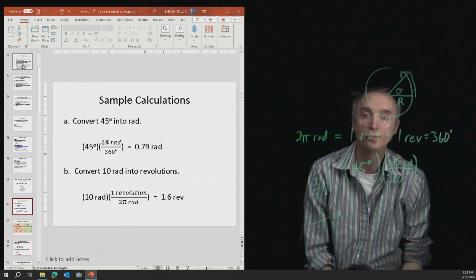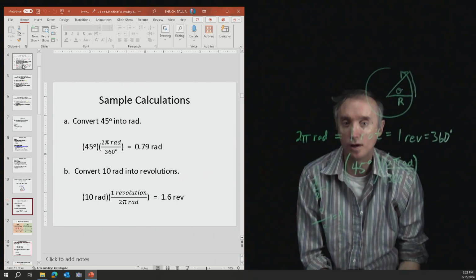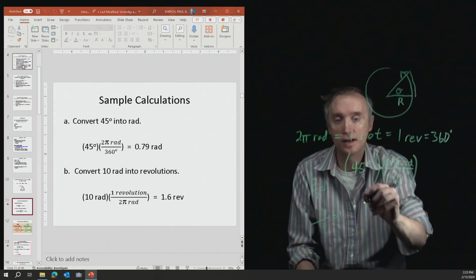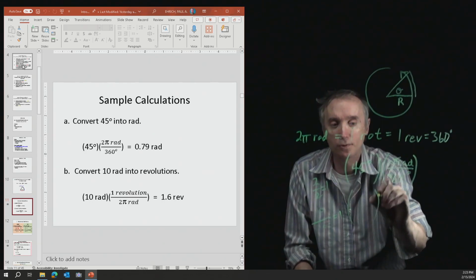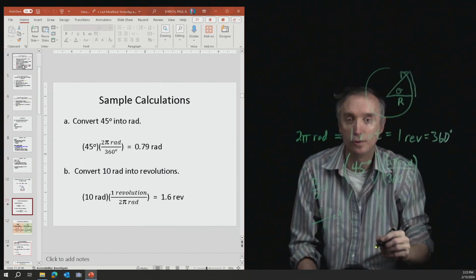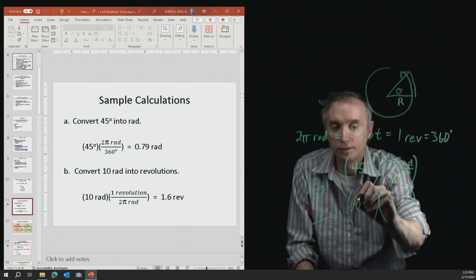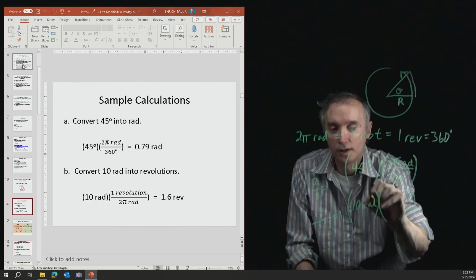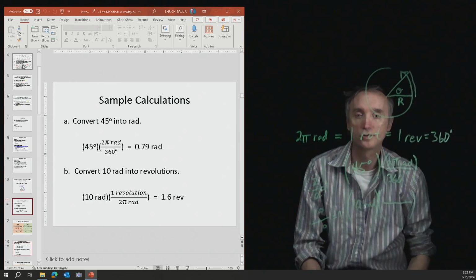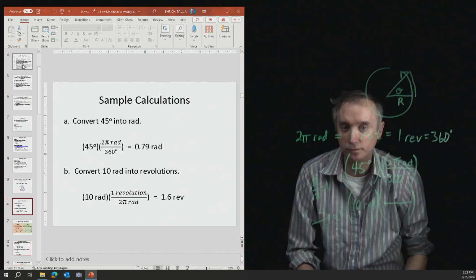Okay, what about if we knew what it was in radians, but we wanted to change it to revolutions? So in this case, we're going to write down our 2 sets of parentheses. In the first set, we write down what we start with, which is going to be 10 radians. And then we put our fraction in the second one. We're trying to get rid of what unit?